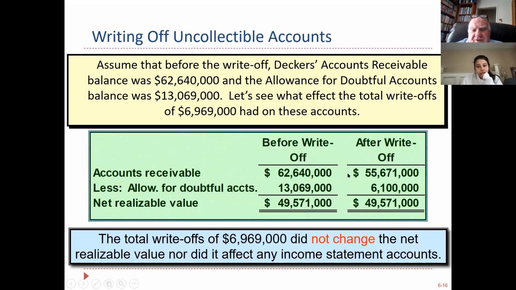After we remove the 6,969, we're down to 55 million that we expect to collect. The allowance was 13,069. Now we used 6,969 to reduce that. The point being, the write-off has no effect on anything. Your net receivables remain the same. All it does is allow you to take the specific customer off the AR aging.